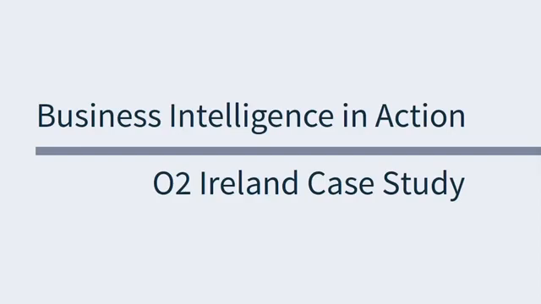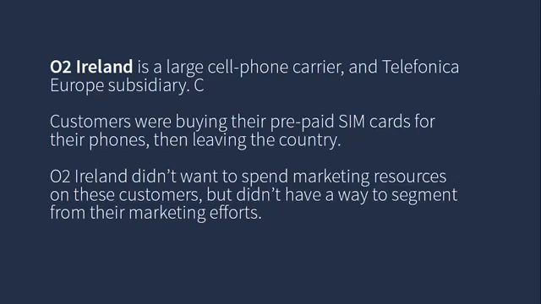Now, let's look at an example of business intelligence in action: O2 Ireland, which is a large cell phone carrier and a Telefonica Europe subsidiary. What was happening with O2 Ireland was that they noticed that a lot of their customers were buying prepaid SIM cards for their mobile phones and then leaving Ireland a few days later and never purchasing from them again.